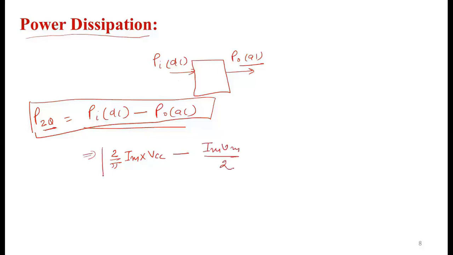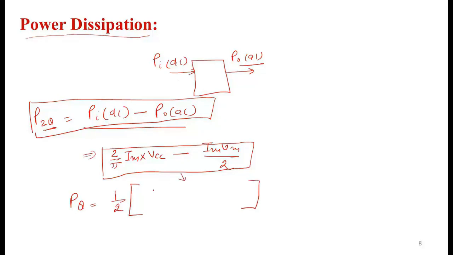So this is the power dissipated by the transistors in the circuit. To find out the power dissipated by one transistor, we take 1 by 2 of this quantity, which is the power dissipated by the total two transistors. So this is the power dissipated by one transistor, and this is the power dissipated by the complete circuit containing two transistors.